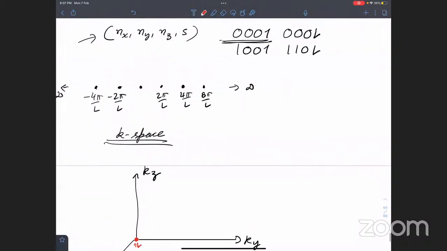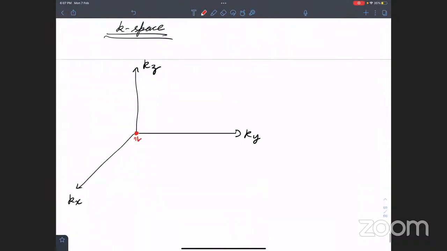Remember, I told you the difference between one state and the next state is 2 pi by L. So there will be a state here, next there will be a state here, and here, and here, and here. What is the quantum number of this particular state? It is 0, 1, 0, and can be up or down. Are you following what I'm doing here? Then I can have states here also.